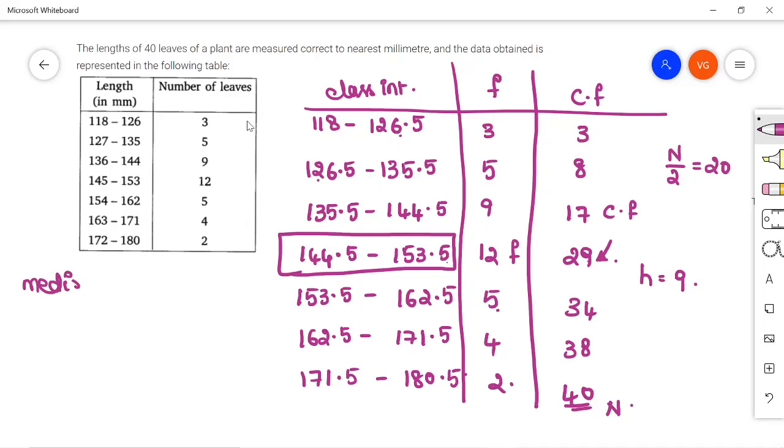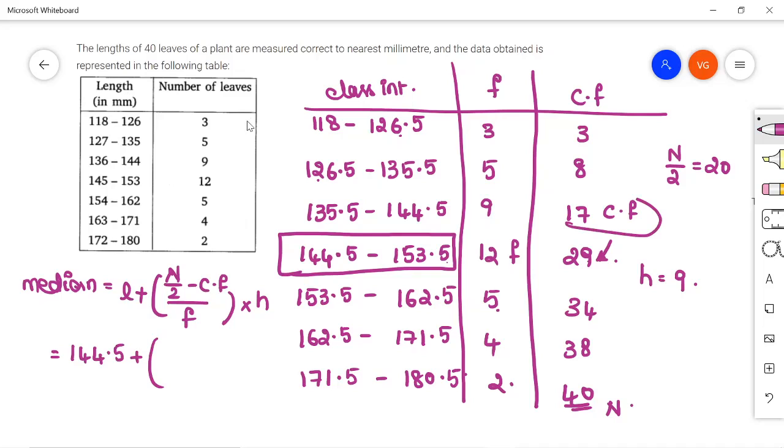Median is equal to L plus n by 2 minus cumulative frequency divided by frequency of the corresponding median class into H. So L is the lower limit, 144.5, plus n by 2 is 20 minus the cumulative frequency you have to select just above the median class, right? So 20 minus 17, 3, divided by frequency 12, into 9, right?